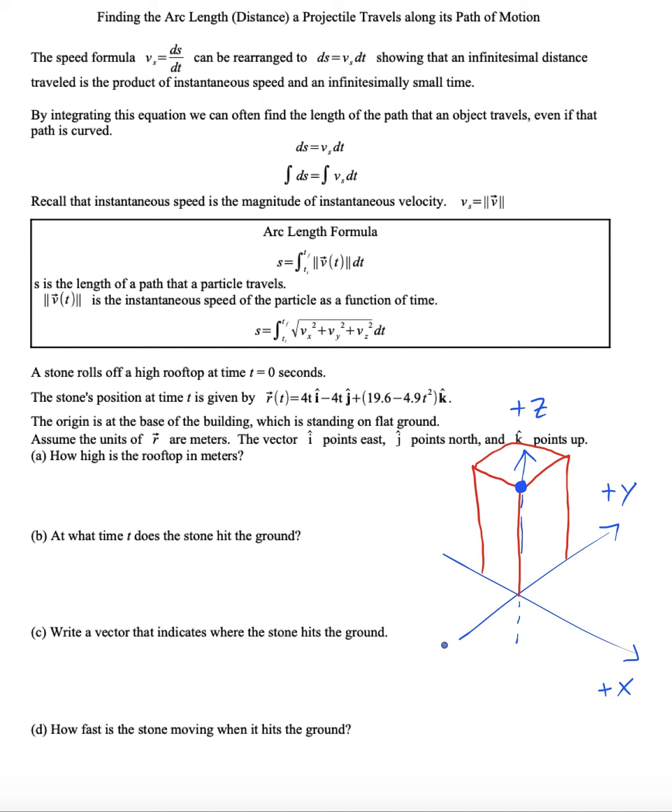Our stone is located right in the corner. And if you notice here, our initial position in the z direction is 19.6. So that's actually going to be the height of the building, and that's going to be the answer to A. So plug in a time of 0 into the formula.